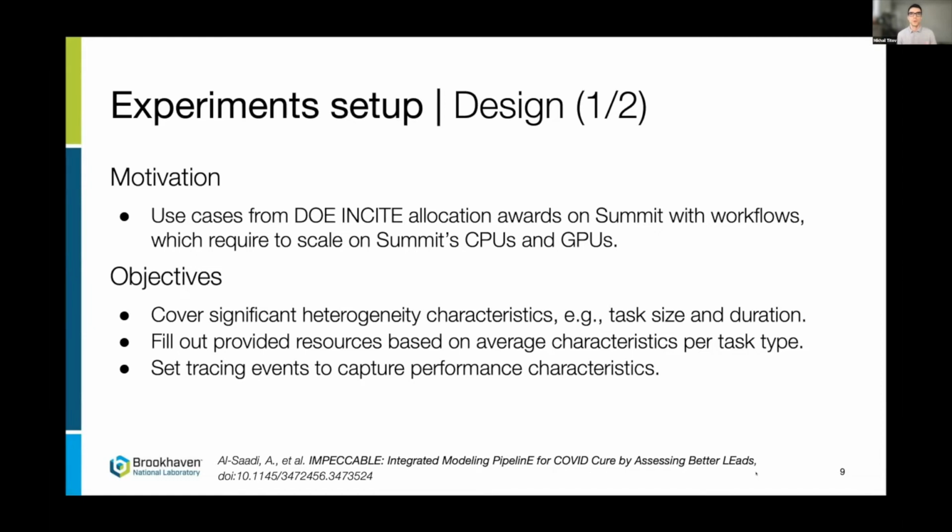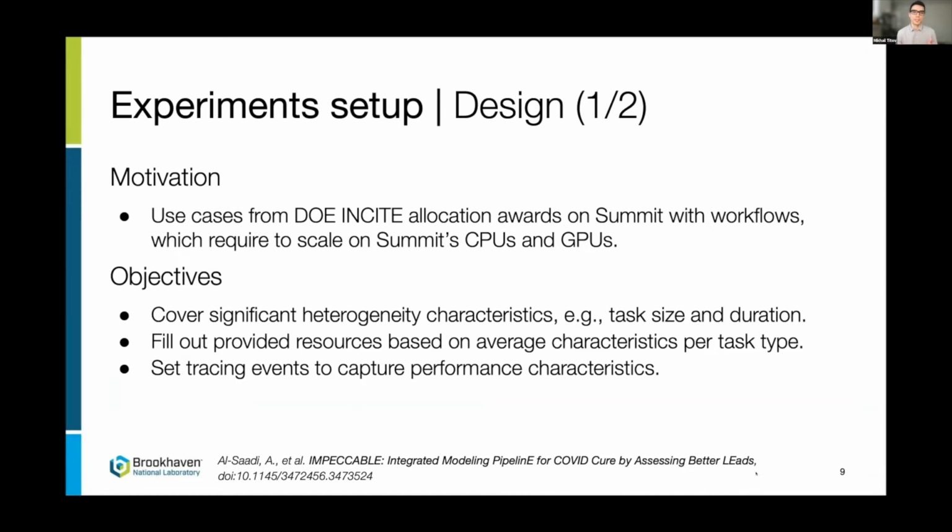Based on those workflows, we tried to create a workload with different types of tasks, where tasks use different amounts of resources, different numbers of CPUs or GPUs, and of course different durations. All that brings heterogeneity into the workload. Also, while creating the workload, our goal was to fill the provided resources.